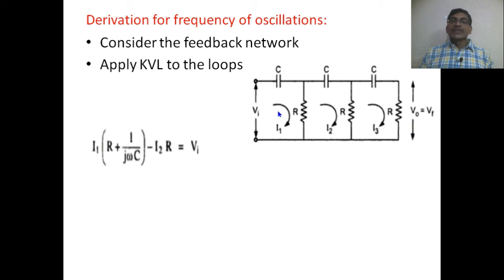So here if you apply the KVL in the loops, we can get I1 into R plus 1 by j omega C, minus I2 R, is equal to Vi. So in the loop we can write voltage Vi is equal to I1 into 1 by j omega C plus (I1 minus I2) into R. Now I have taken common I1 from those two terms.